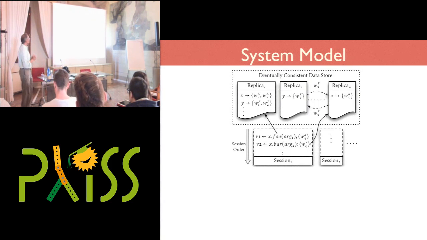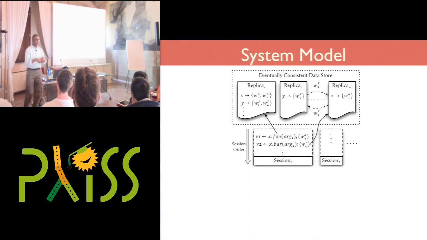So a client might make a call to foo, to a method foo associated with this object x, right? And the effect of invoking foo on object x might be this write of a new value, right? Foo might end up writing a new value into x.